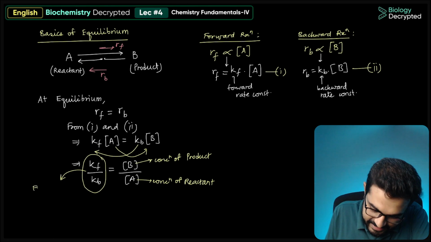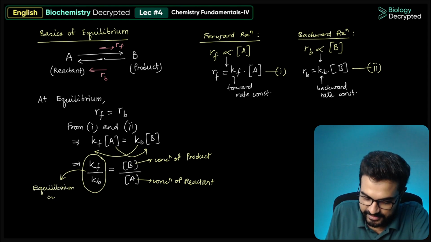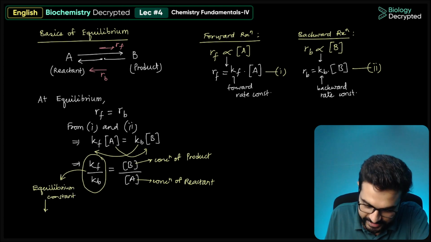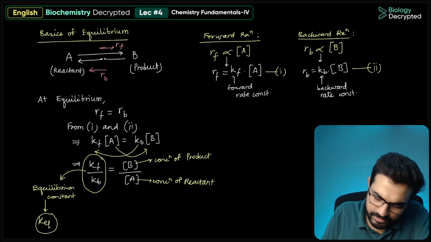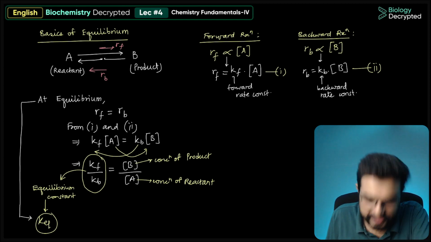This is the equilibrium constant, which we call KEQ. Sometimes we also refer to it as capital K, but the basic concept remains the same. So at equilibrium, we have KEQ.